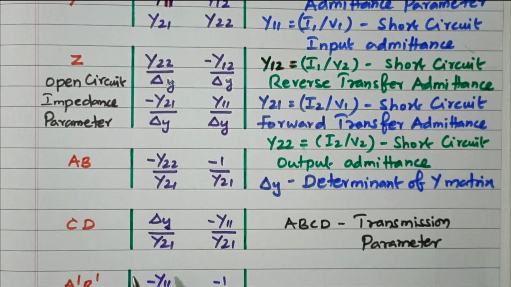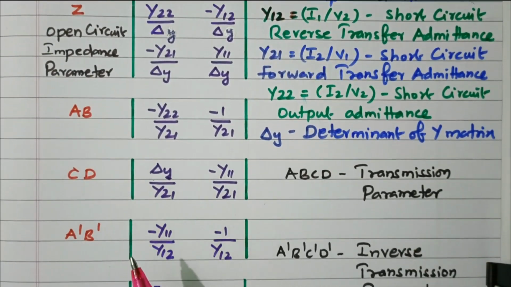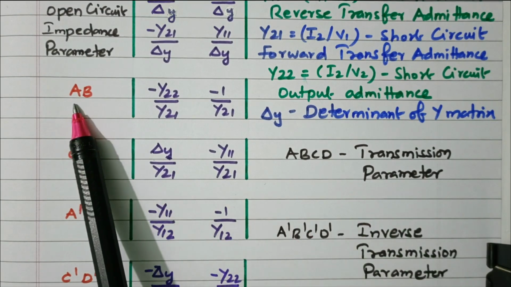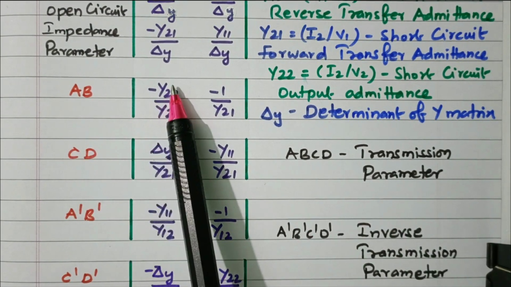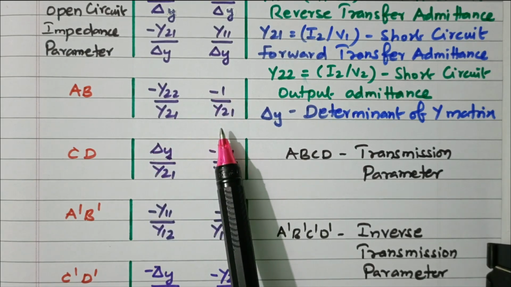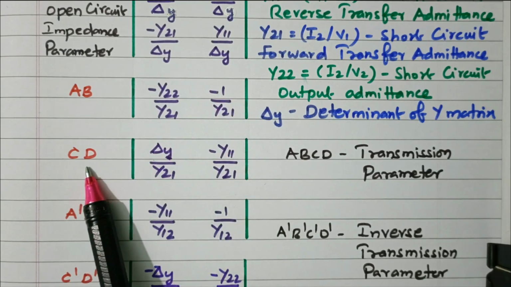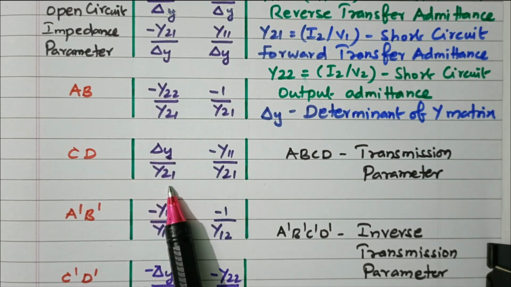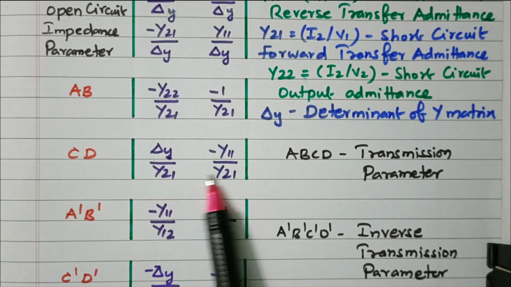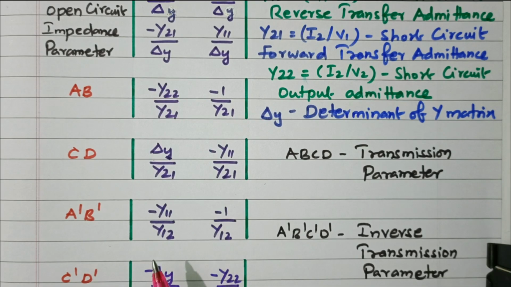What is the ABCD parameter? It is the transmission parameter. First referring to A and B: minus Y22 divided by Y21, minus 1 by Y21. While referring to C and D: delta Y divided by Y21, minus Y11 divided by Y21. So the denominator is Y21 for all the parameters, only the numerator is changing.